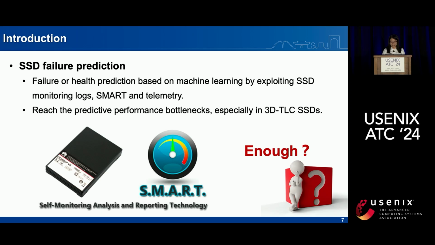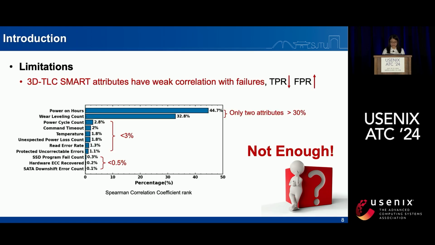Well, the SMART attributes offer valuable diagnostic insight. Do they truly paint a comprehensive picture to efficiently forecast the potential failures? To answer this question, we investigated the Spearman correlation coefficient rank of the SMART attributes with SSD failures.